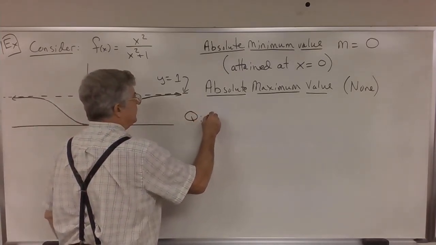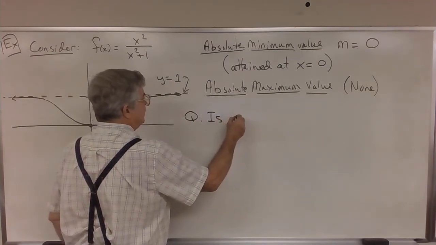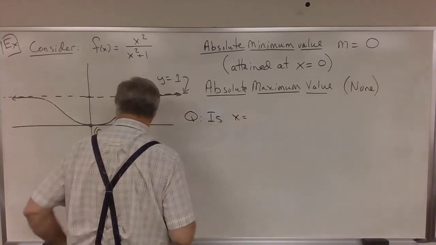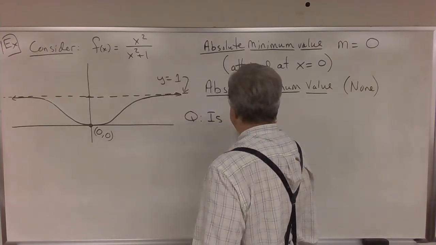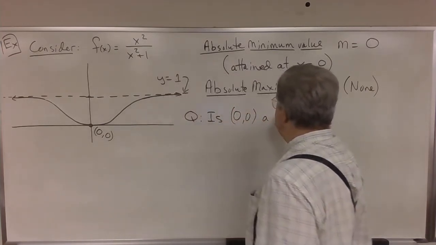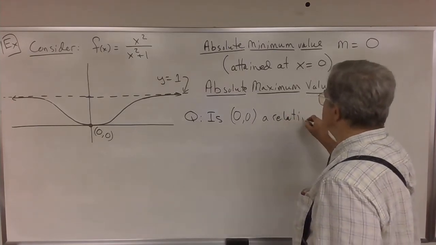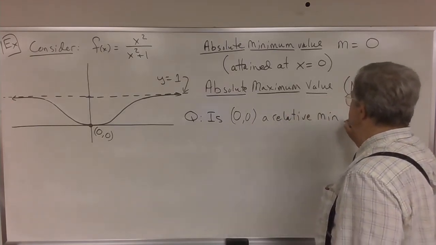So the question is, is 0, 0 a relative max also, or relative min rather?